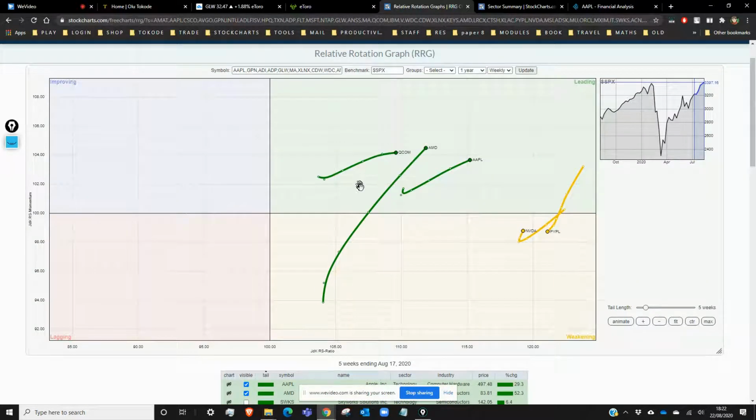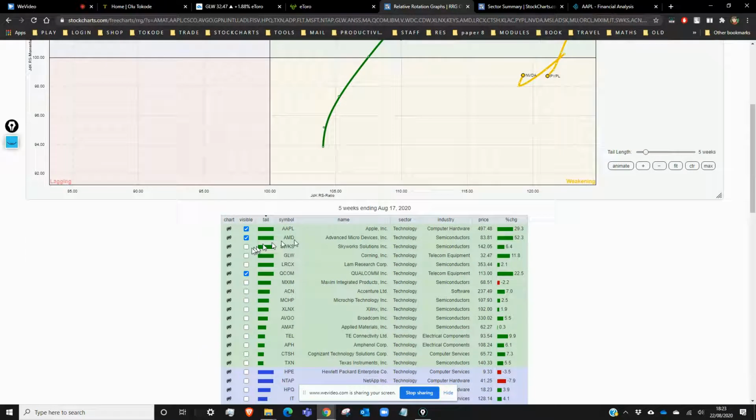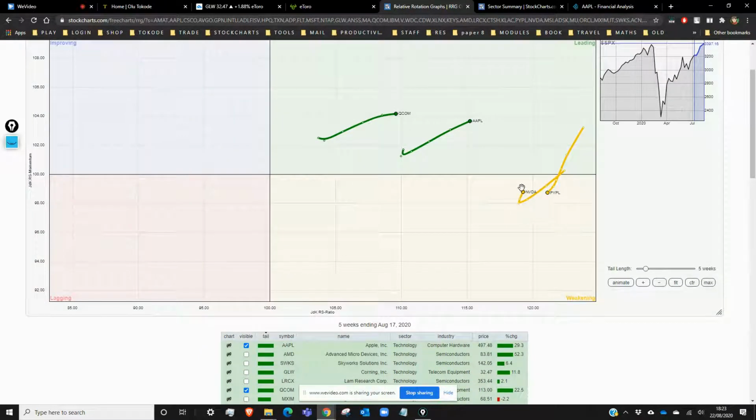So now I have stocks that are heading upwards and stocks that are recovering with high relative strength. I don't like this volatility in AMD, so eliminate that. Nvidia is turning upwards. PayPal is still losing momentum. So I'm going to check these four out.